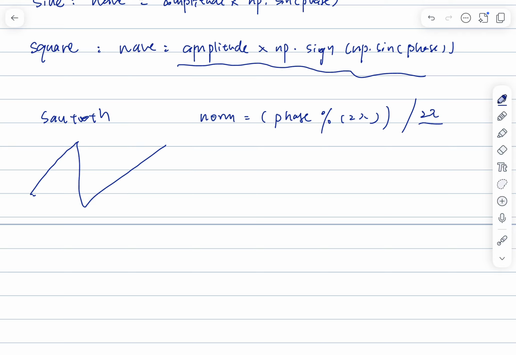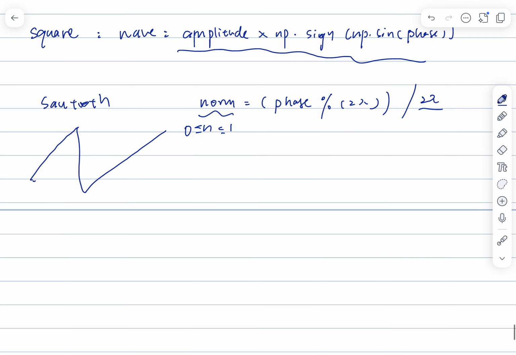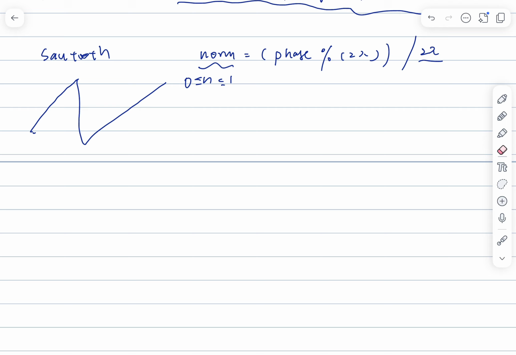So norm is a number between 0 and 1. Once we have norm, we need to stretch it out. So wave is going to be equal to amp times 2 times norm minus 1.